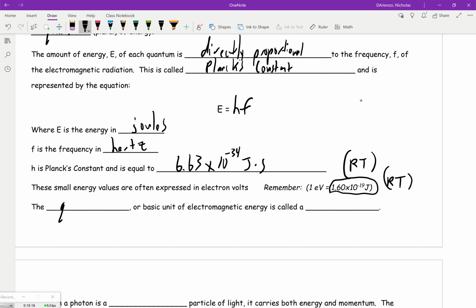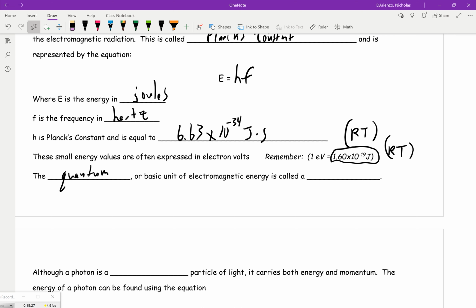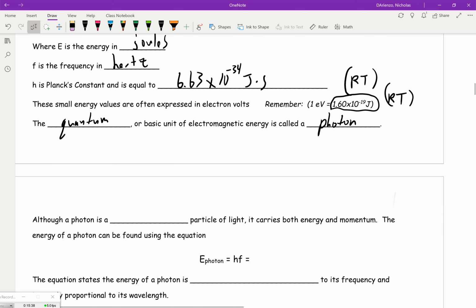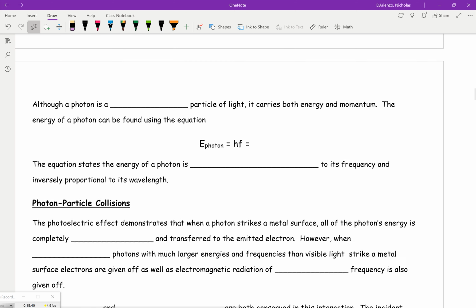Now the quantum, which is the basic unit of electromagnetic radiation or electromagnetic energy, is called a photon. And matter will absorb and emit these photons in characteristic ways.